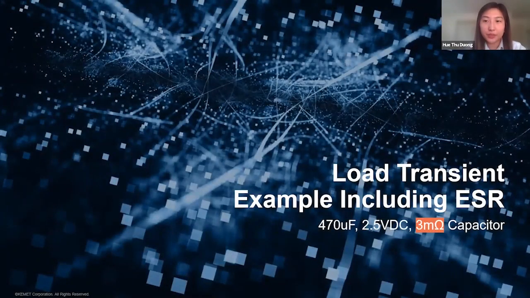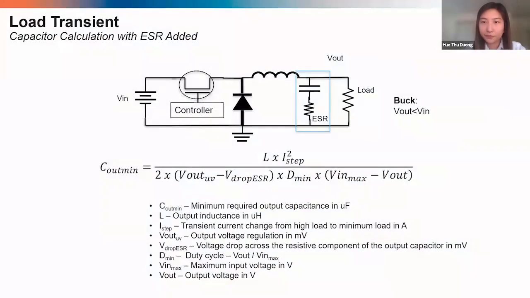In this last example, we have that same capacitor, but the ESR is now 3 milliohms instead of the 5 milliohms that we used in the previous example. And this is mainly to show how ESR affects the output capacitance needed. So again, we'll be utilizing the output capacitance formula that takes ESR into consideration. This is the same formula we used in the previous example.